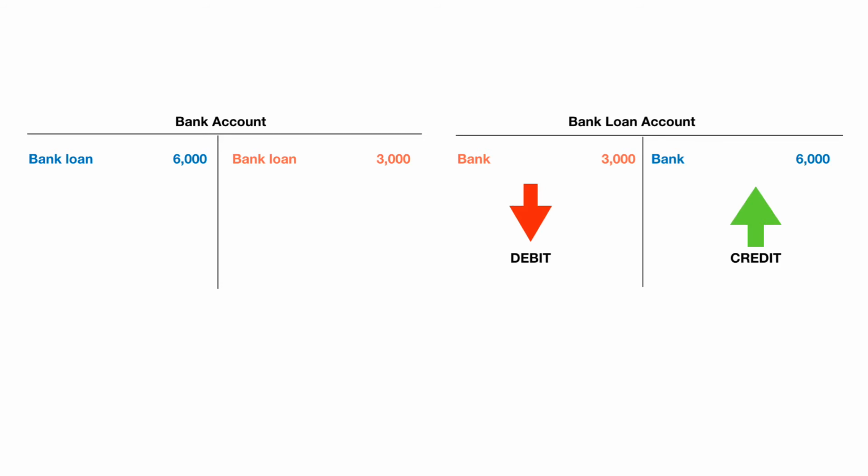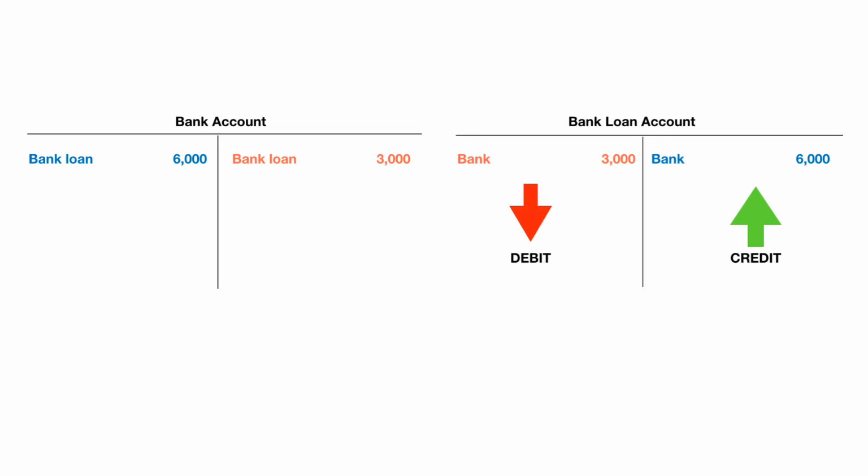So your liability account will get credited by 6,000. Why? Now your bank account, we learned that if it is an asset, you need to debit. So according to double entry principles, if you debit one account, the other account has to get credited. So the bank loan account will also be credited by 6,000.